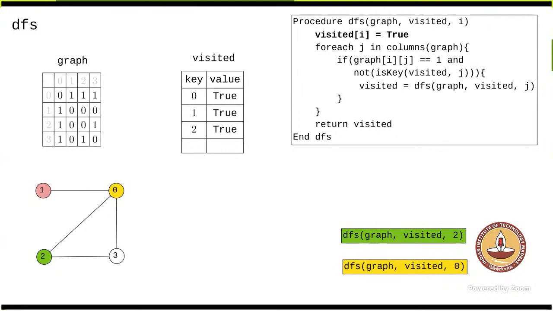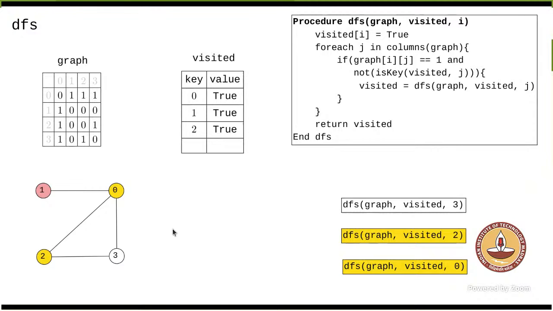That's correct, right? So we'll be checking for all the columns 0, 1, 2, and now we are checking 3. So graph of 2, 3 is there. There is an entry, and 3 is not a key, so we are going to go ahead and visit the third node. We'll suspend the second node and visit the third node.